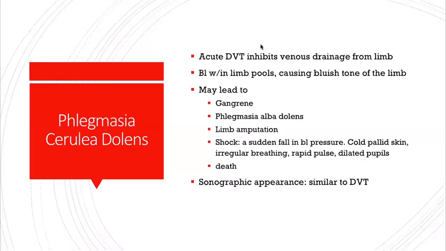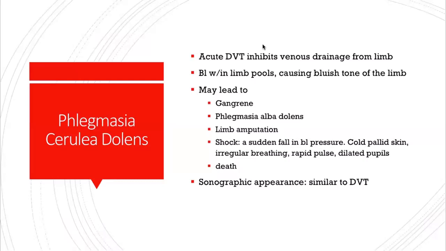All right, our next topic is phlegmasia caerulea dolens. I know these are new words, but you want to make sure you're saying them right. Caerulea means blue, which refers to the color of the limb. Phlegmasia caerulea dolens, or PCD, is uncommon, but it's a severe form of acute DVT.